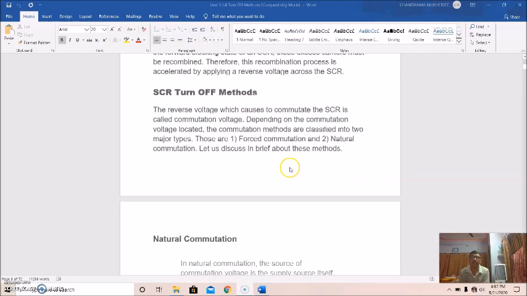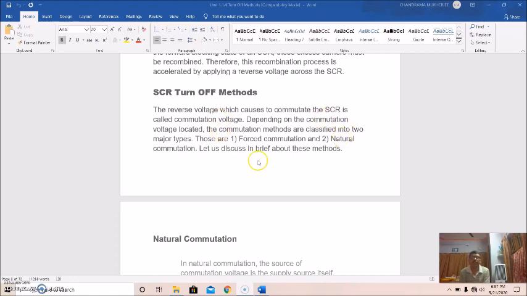The reverse voltage which causes the turn-off of the thyristor is called the commutation voltage. So this reverse voltage applied across the thyristor for recombination of the excess carriers is known as the commutation voltage, because this voltage is necessary for turning off the thyristor.